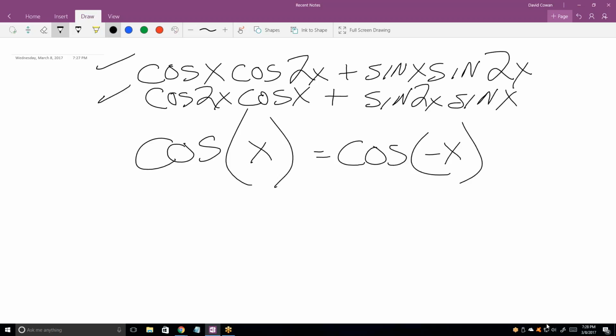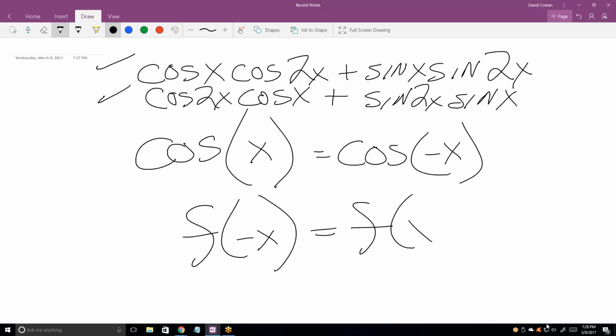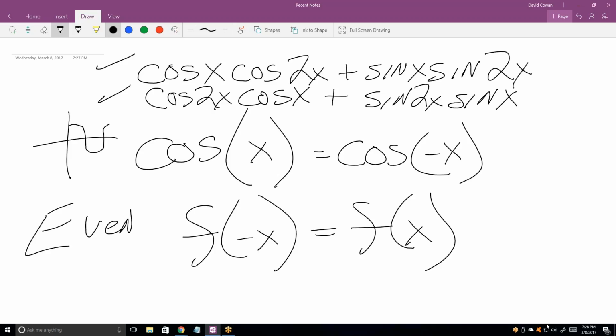It's an even function. Cosine is even, and therefore it follows the convention that f of minus x equals f of x. All even functions are like that. And if you look at the graph, you'll see that that's exactly what happens.